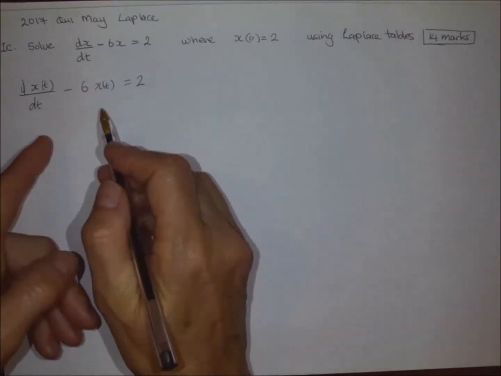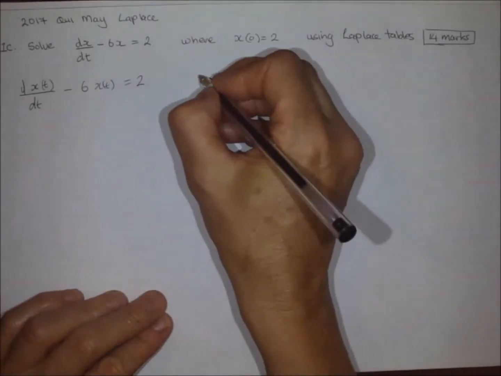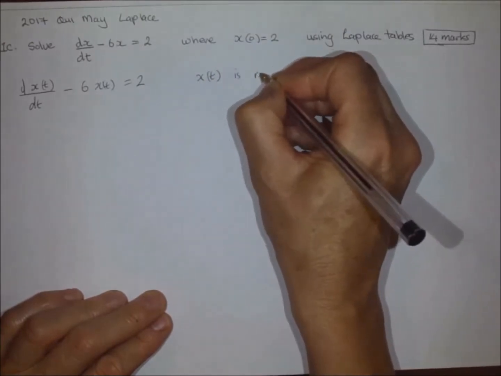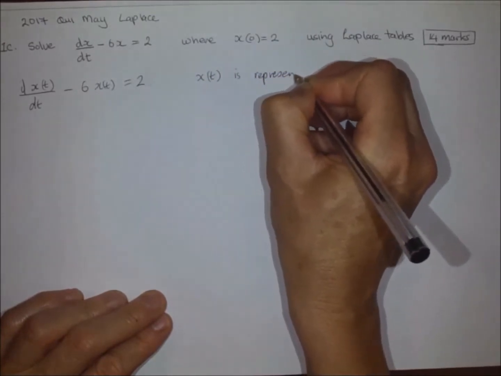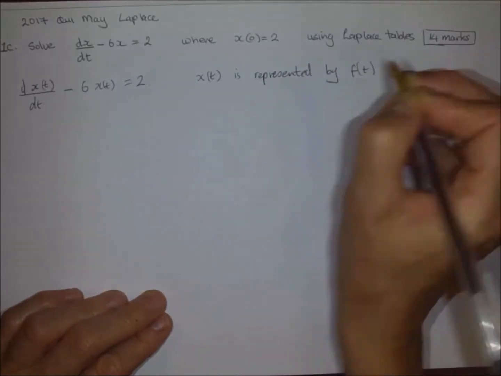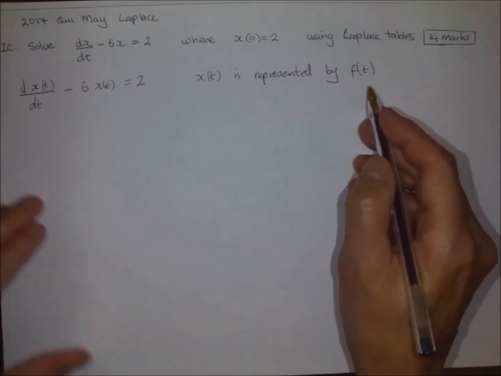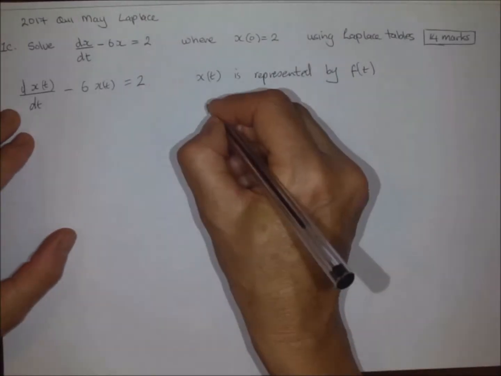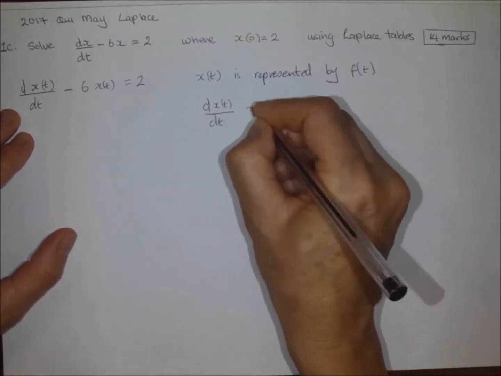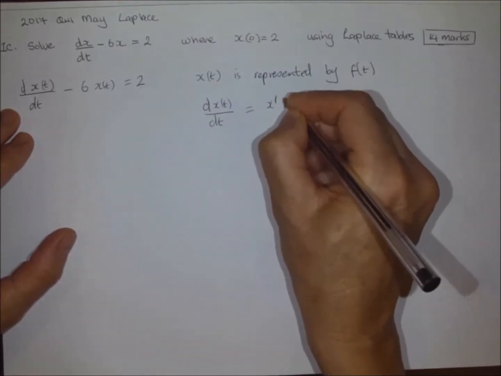And this x of t, in the transform tables, it's represented by f of t. Another thing about the transform tables, the dx of t dt can be written as x dash t.